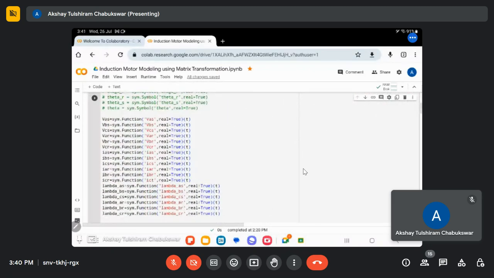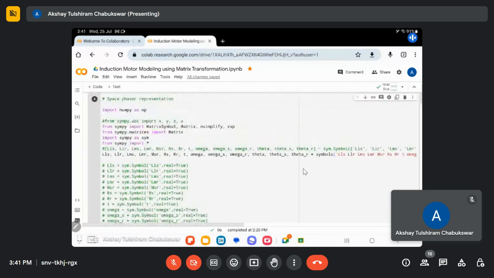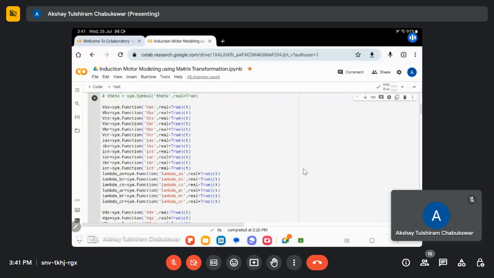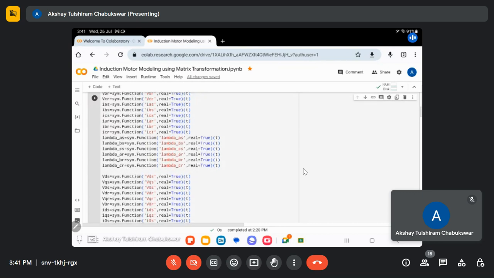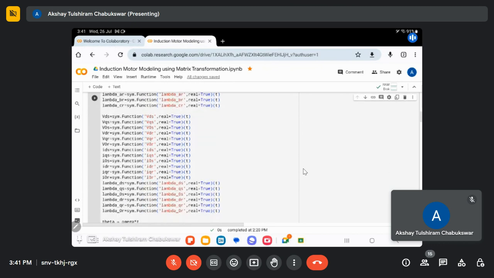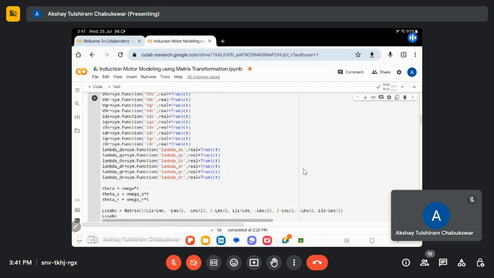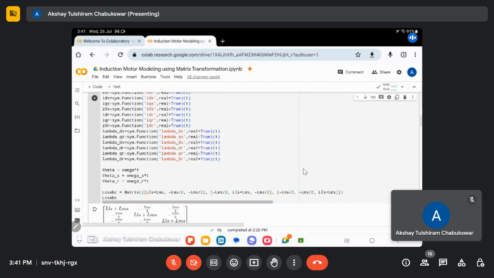Then I have mentioned the functions. Symbolic functions means functions in terms of the previously mentioned symbols, but also functions of time. So VS, VBS, VCS, VAR, VBR, VCR, IS, IBS, ICS, IAR, IBR, ICR, lambda AS, lambda BS, lambda CS, lambda AR, BR, CR, VDS, VQS, V0S, VDR, VQR, V0R, IDS, IQS, I0S, IDR, IQR, I0R, and the last are flux: lambda DS, lambda QS, lambda 0S, lambda DR, lambda QR, and lambda 0R.